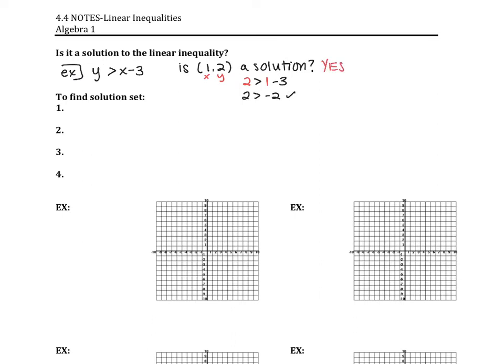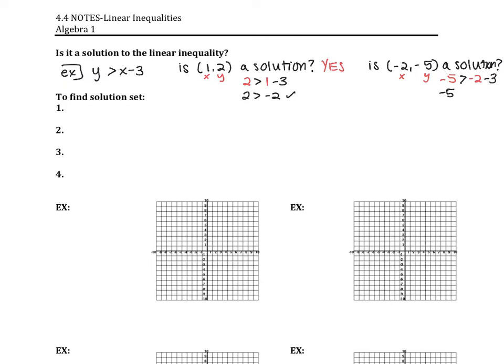Okay, well, let's look at another one. Is (-2, -5) a solution? Pause, try it, see what you come up with. All right, so this is x and this is y. Let's make a substitution. Is negative 5 greater than negative 2 minus 3?